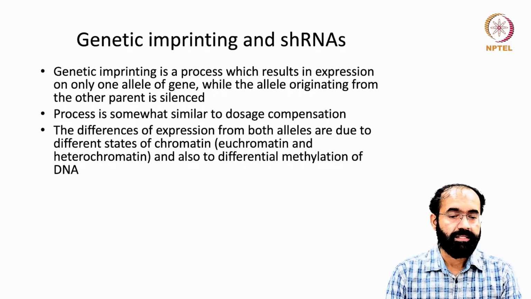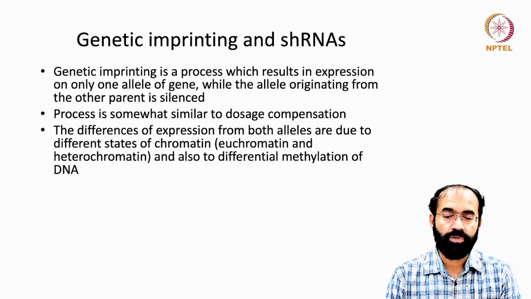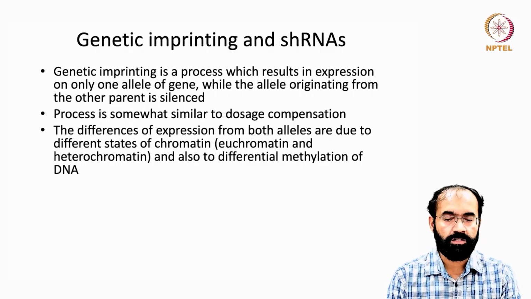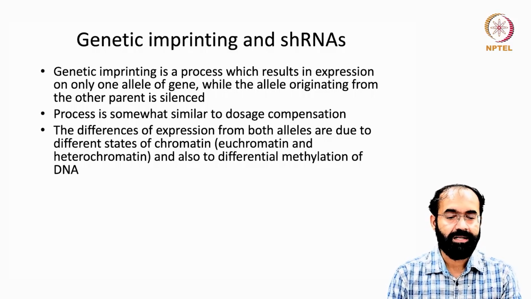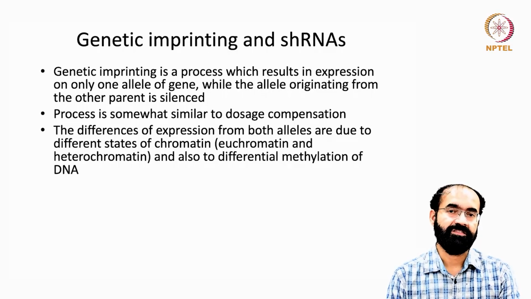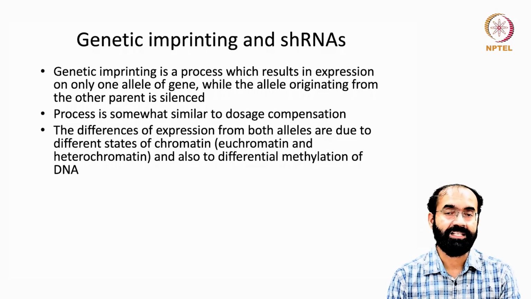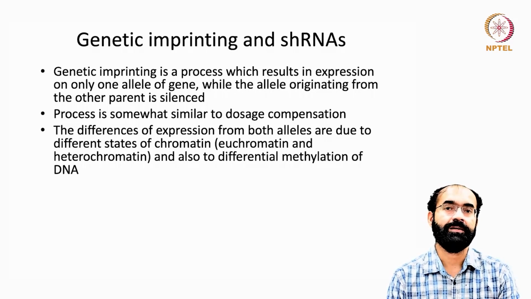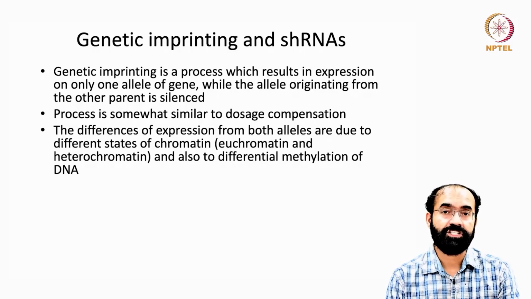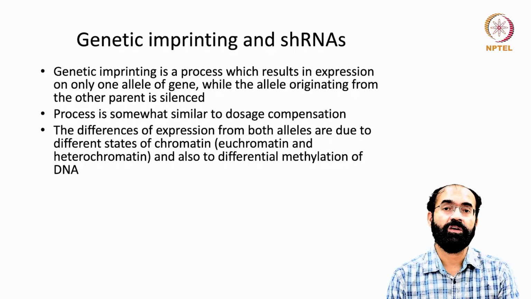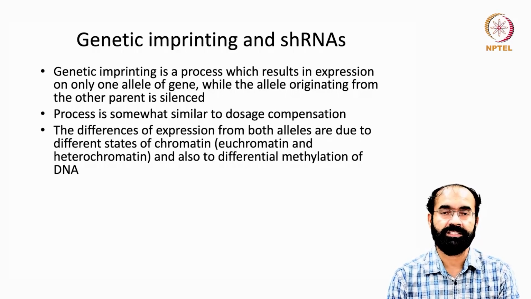The differences in expression from both the alleles are due to different states of the chromatin and also differential methylation of the DNA itself. We have seen H3K27, histone 3 lysine 27 trimethylation in the case of X inactivation, and many times it is associated with repressive histone modification, that is H3K27 methylation, whereas H3K27 acetylation is an indicator of active gene expression.